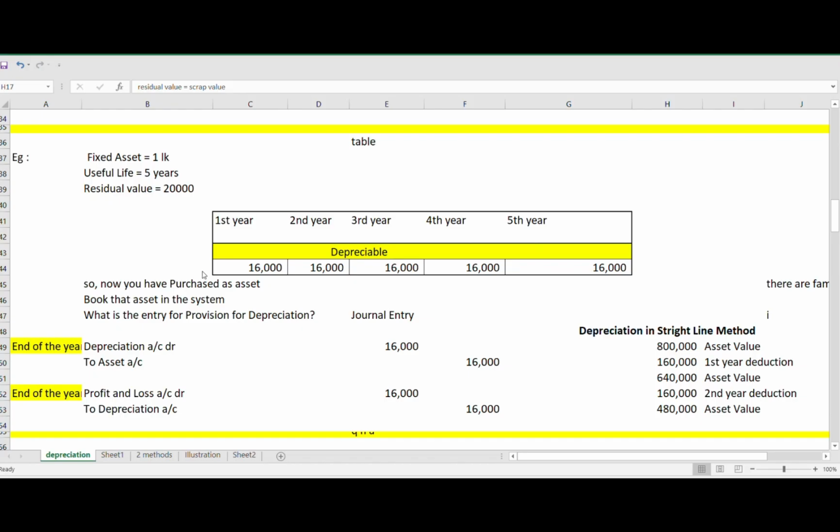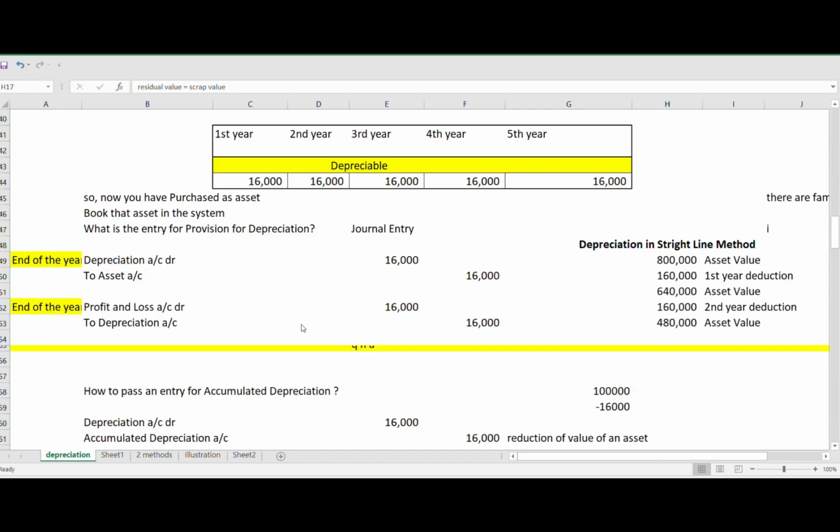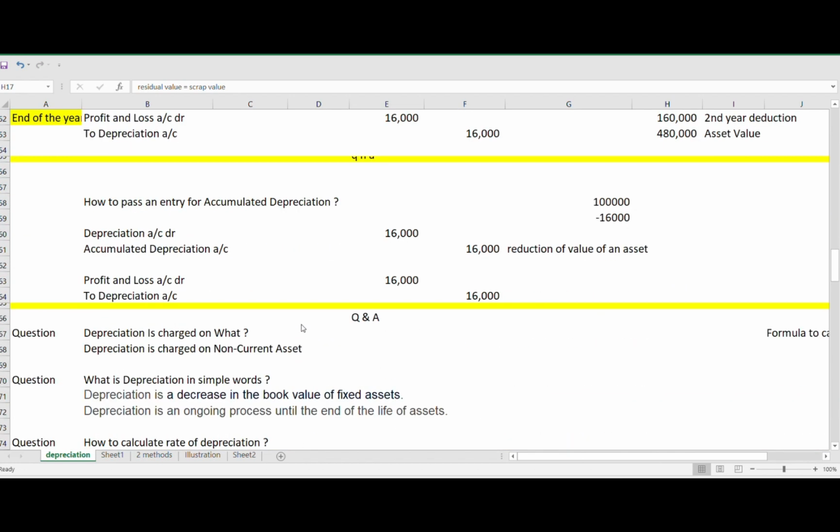So what is the entry for depreciation? How do you pass an entry for accumulated depreciation? That is, debit depreciation account, credit accumulated depreciation. The depreciation account is a profit and loss account, a P&L account, which will show as an expense, and accumulated depreciation is a contra asset, which will get minus with the cost of the asset.